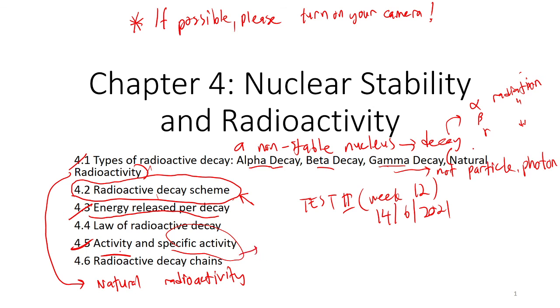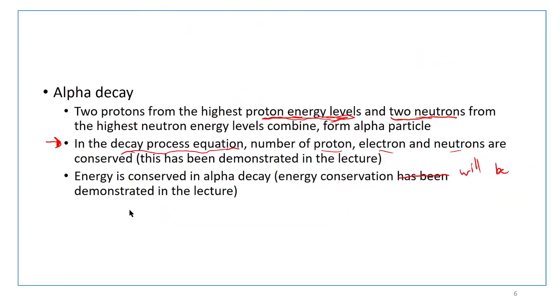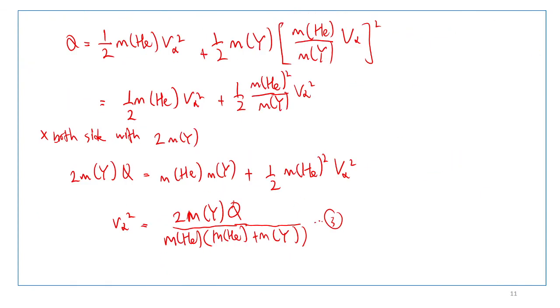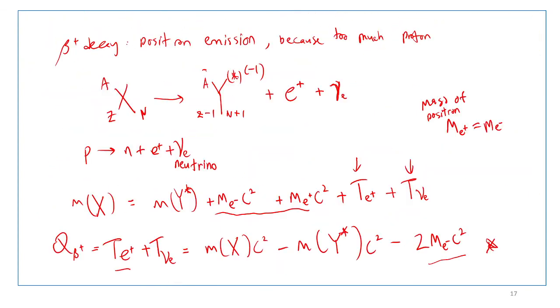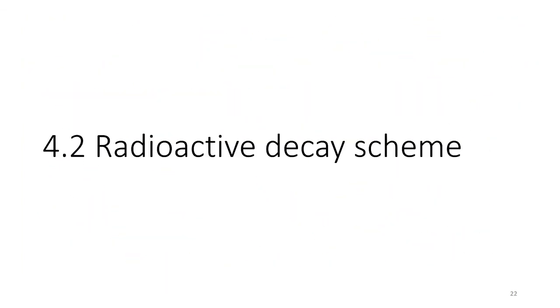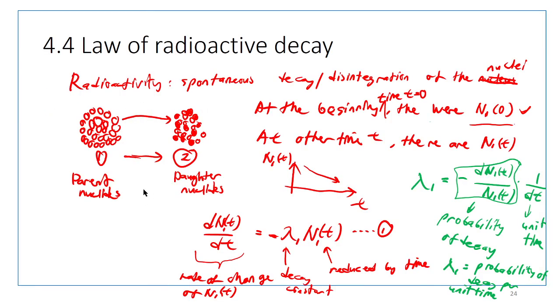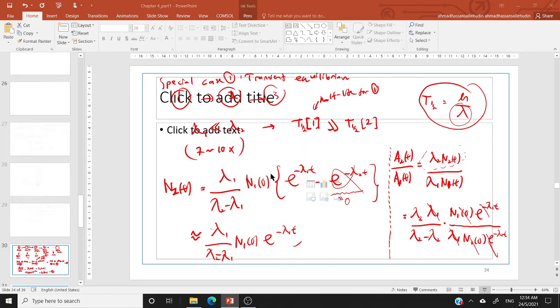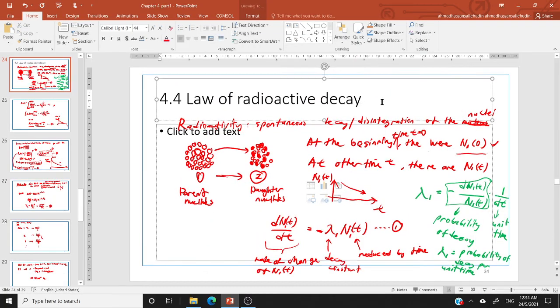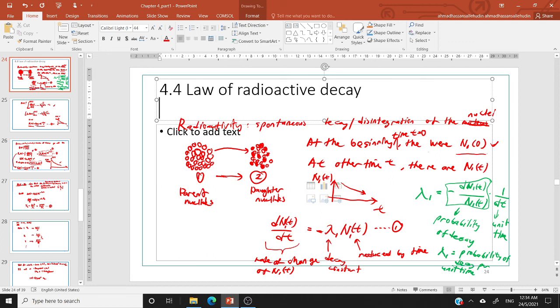And decay chain we have covered here. So this topic is supposed to be the law of radioactive decay and radioactive decay chain, 4.5.